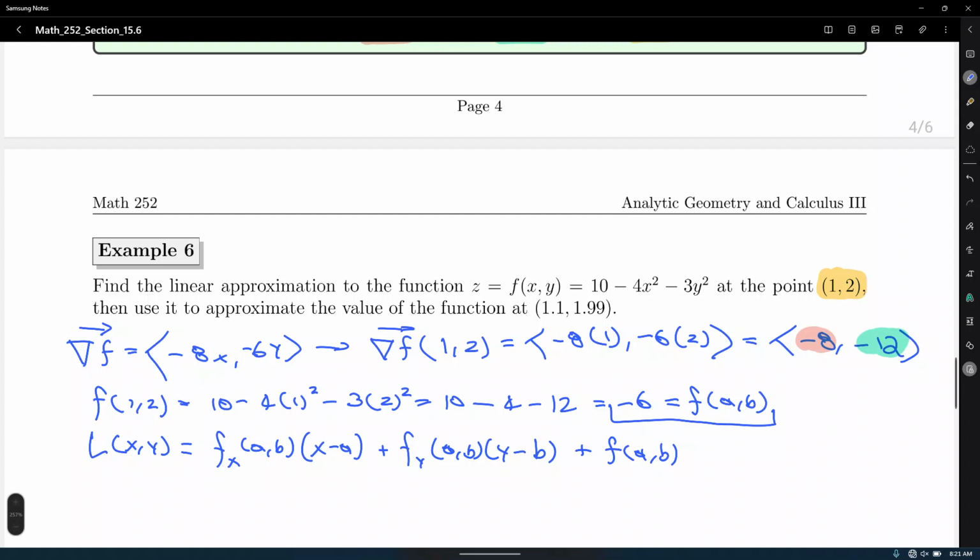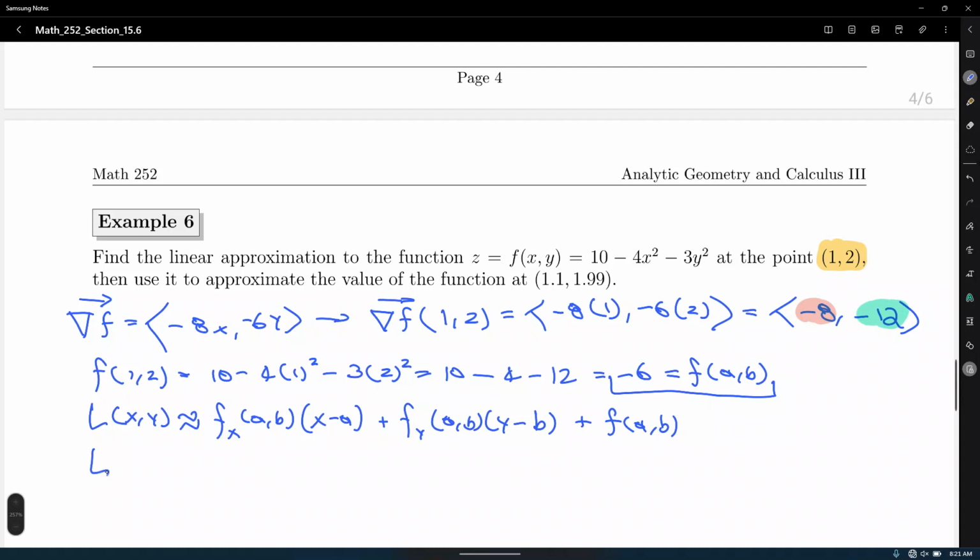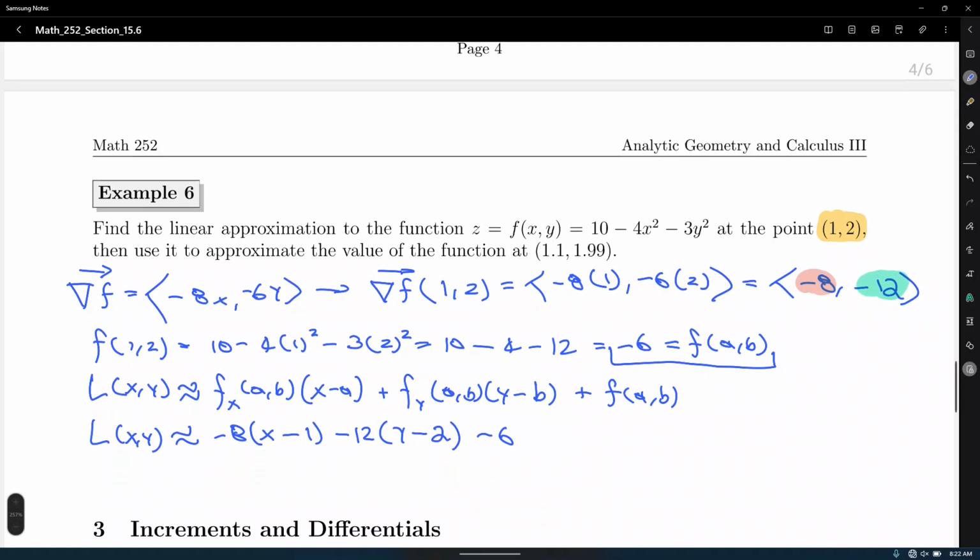This is not equal to, rather, this is approximately, right? It's an approximation. L of x, y is the derivative, negative 8 times x minus 1, plus negative 12 times y minus 2, plus the function value, which is negative 6. So it's a bunch of minuses here. All right? So that is our linear approximation.